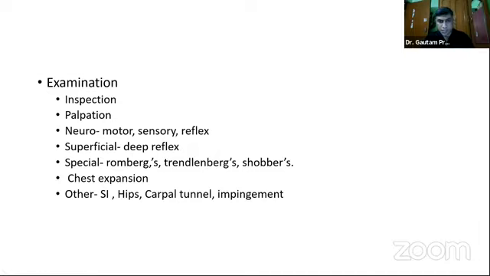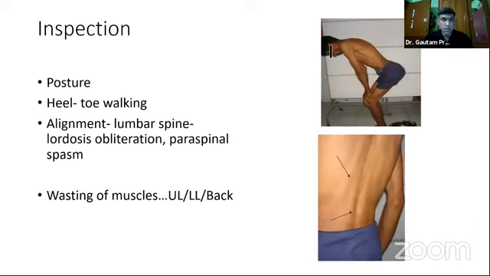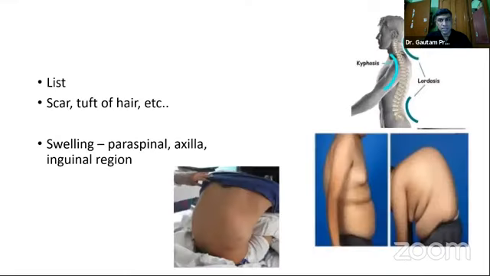Once we take the history, then comes the role for examination. In examination, one has to check inspection, palpation, and then do neurological examination. In inspection, check the posture of the patient, look for heel-toe walking, alignment of the spine, and any associated wasting of muscles or list.